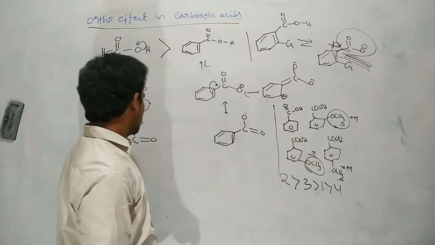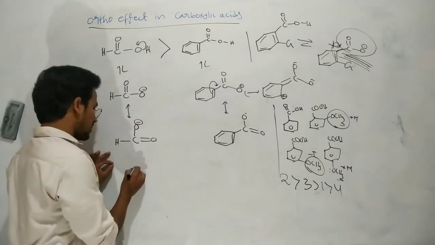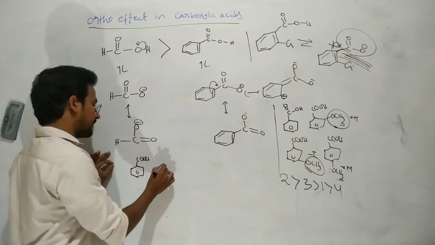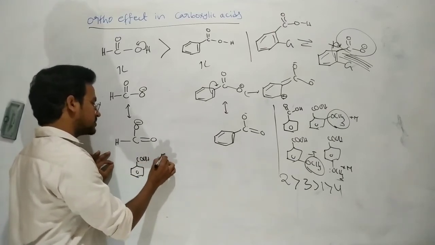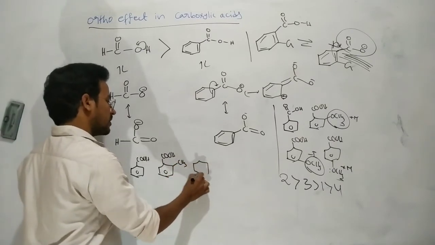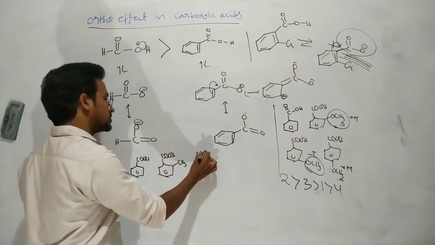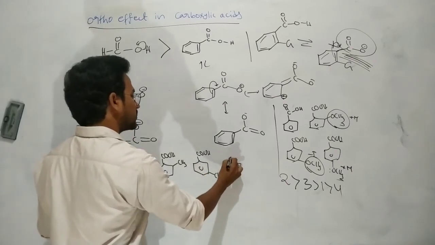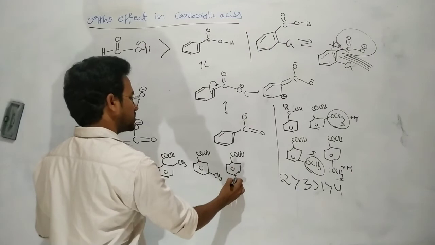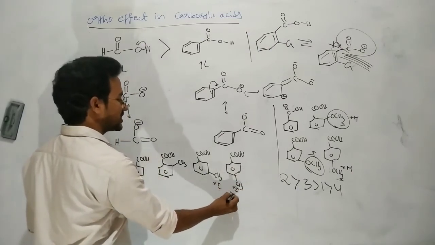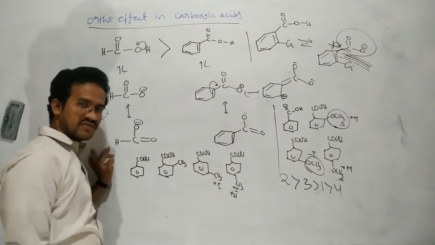Or suppose if it is a methyl, COOH, and you see this one COOH, here CH3, and then COOH with CH3 at the meta position, and COOH with CH3 at the para position. In this case this is a plus I group. Here the plus I effect as well as the hyperconjugation effect are working.